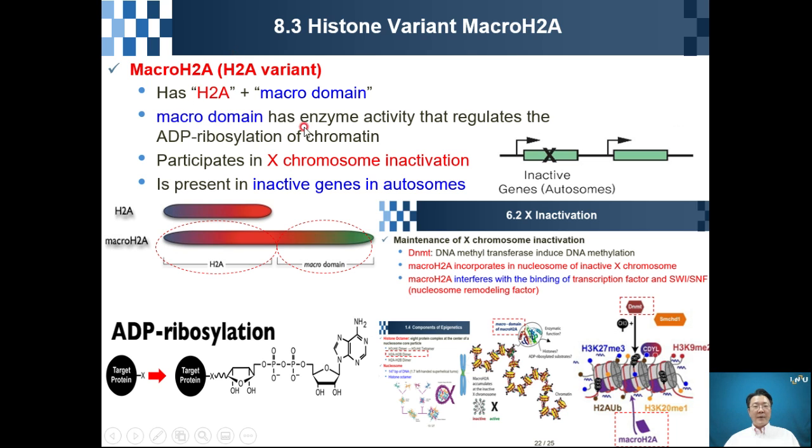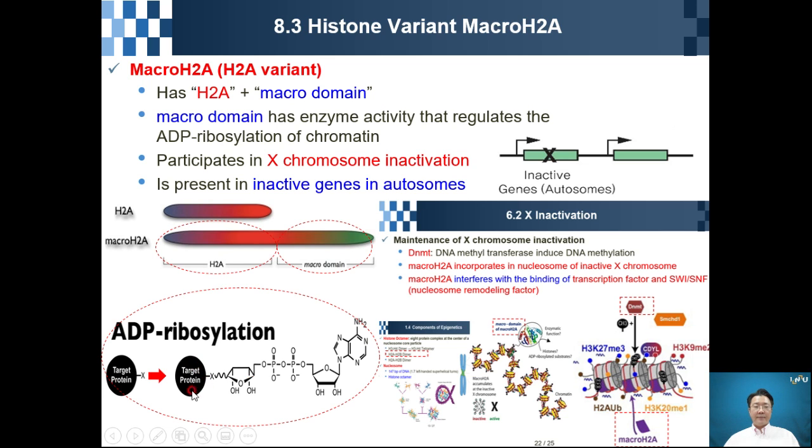The macro domain has enzyme activities that regulate ADP ribosylation of chromatin. So the macro domain can do ADP ribosylation. For example, this is the target protein, and this is the ADP, which has 2 phosphates, so ADP ribosylation.